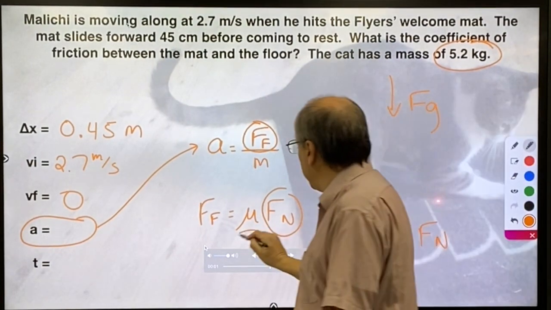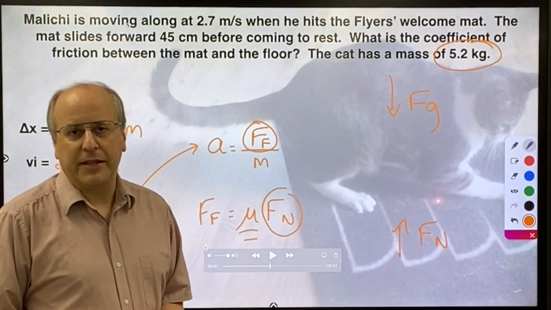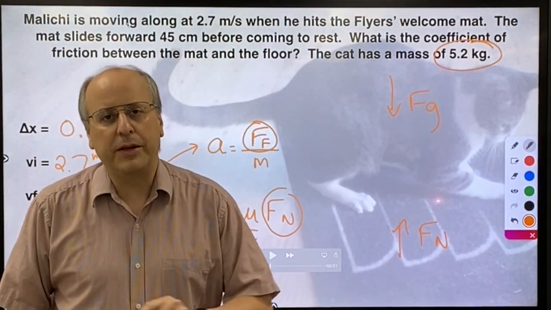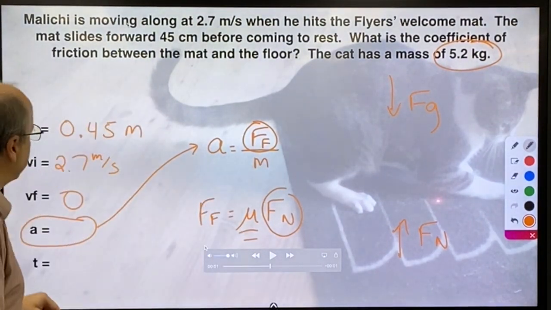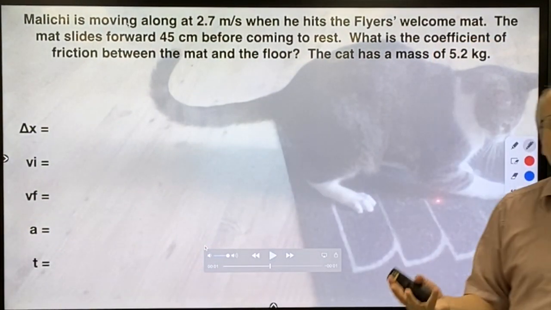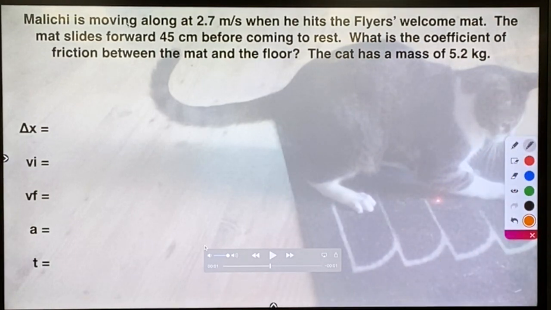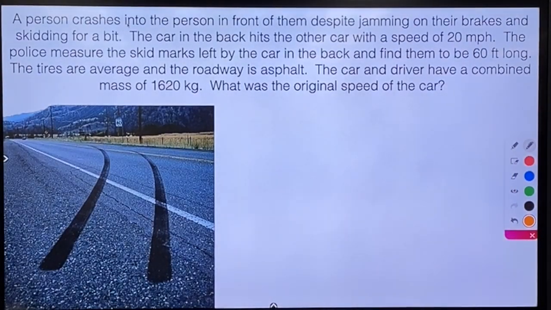So we are trying to figure out a coefficient of friction based on experimental data, and that is the only way we can figure out a coefficient of friction. Every one of these coefficients that has ever been found was found in this manner: experimental data.